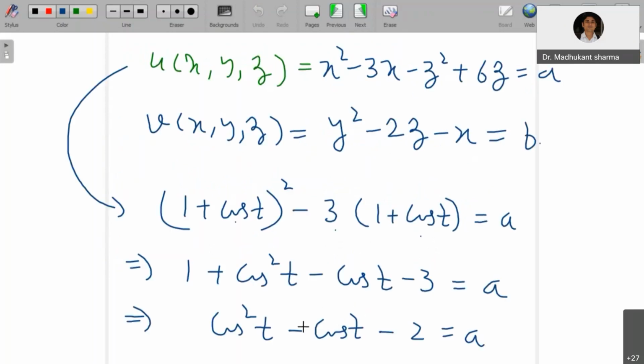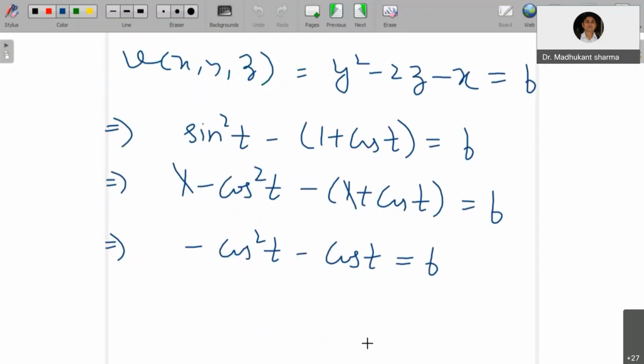And what we have previously is cos square t minus cos t minus 2. Let's see, sin square t.